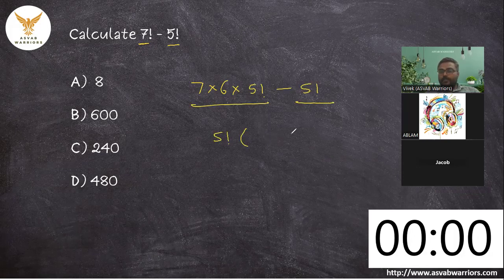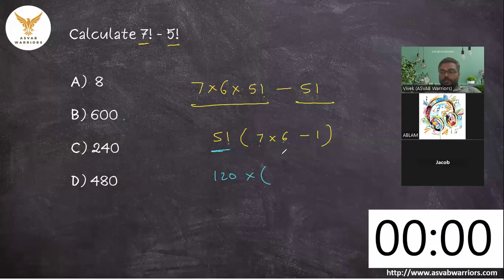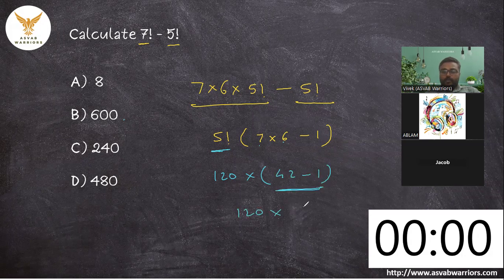What is remaining? 7 times 6 minus 1. Let's solve it further. Factorial 5, as we already know, is 120 times. Here we have 7 times 6 is 42 minus 1. According to PEMDAS, we'll solve the parentheses first. So we have 120 times 41 over here.